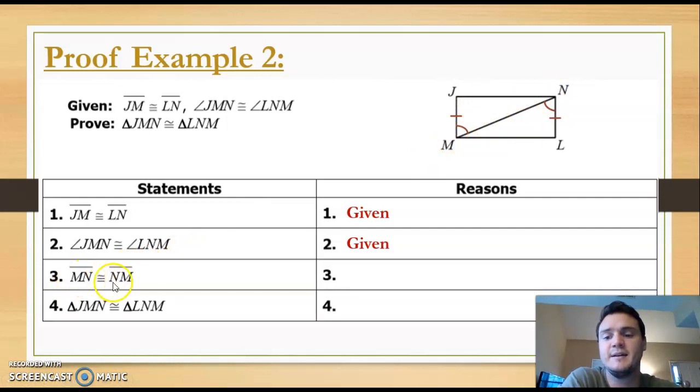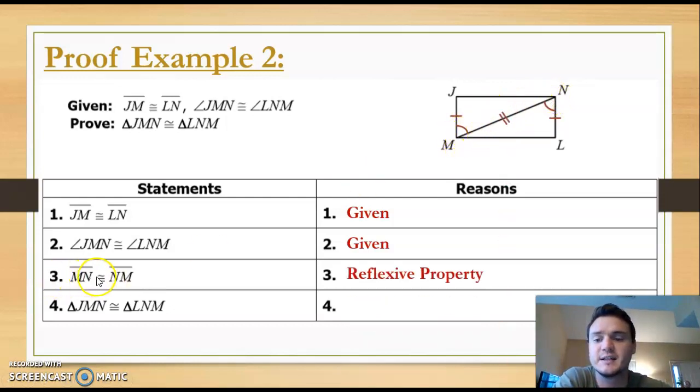That's what this statement says here. It says MN is congruent to NM. So it's basically saying that this line in the triangle at the top is congruent to the same side in the triangle at the bottom, which you should be able to see because the triangles are smashed up against each other. They share a side. You can say that the side is congruent to itself by the reflexive property.